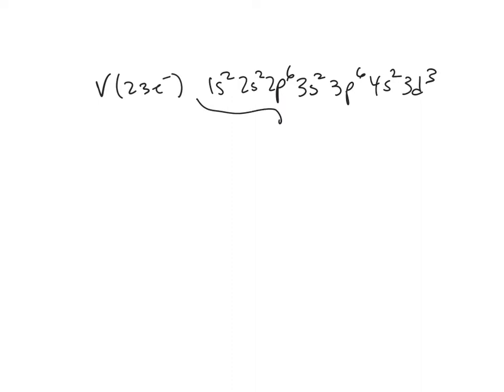So this part right here is 18 electrons, and this has the exact same configuration as argon, look at it again. So we're gonna call it that. We're gonna say that this is argon, and you put it in brackets. This is the core, and then the valence electrons are 4s2, 3d3.